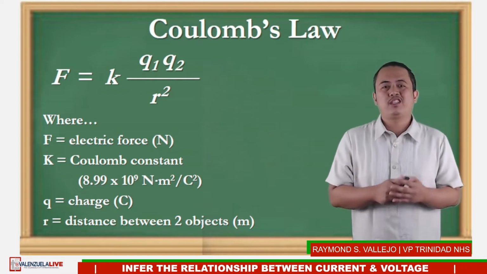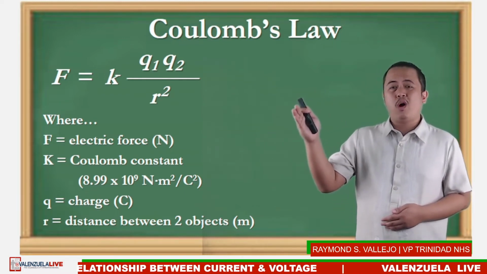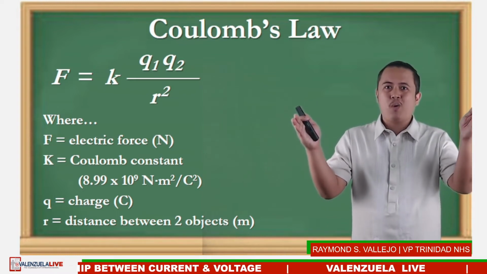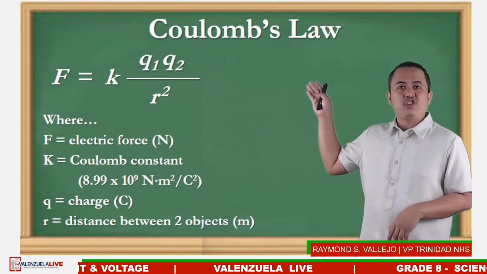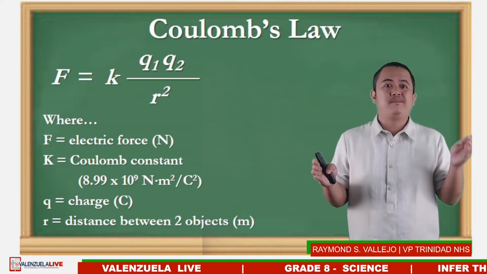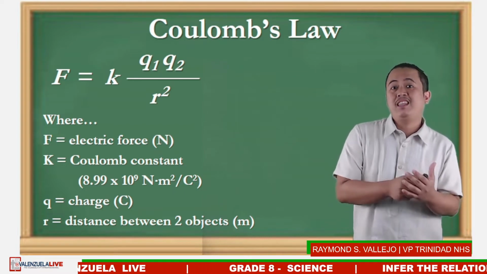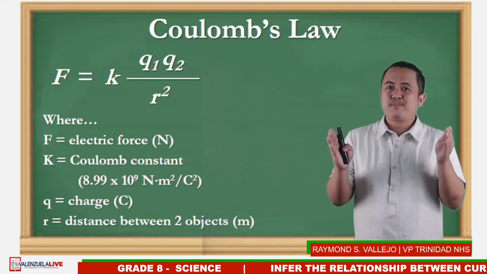Coulomb's law describes that the magnitude of electric force between the two objects is equal to the Coulomb constant multiplied by the product of the charge of one object and the charge of the other object, divided by the square of the distance between the two objects.